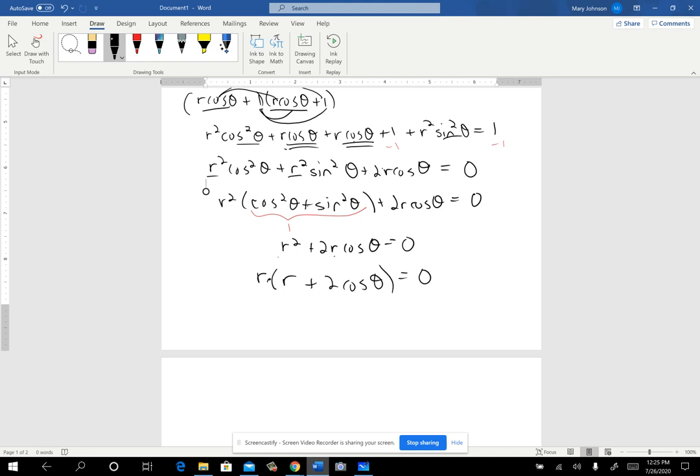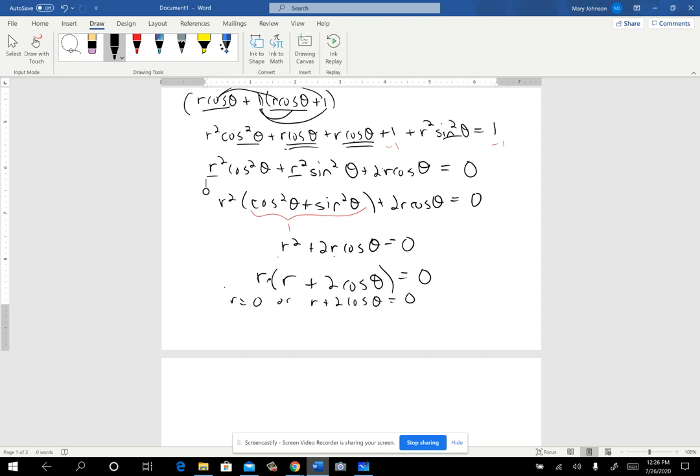And so then I have that either r would have to equal 0 or r plus 2 cosine theta would equal 0. Well, r is supposed to be the radius.